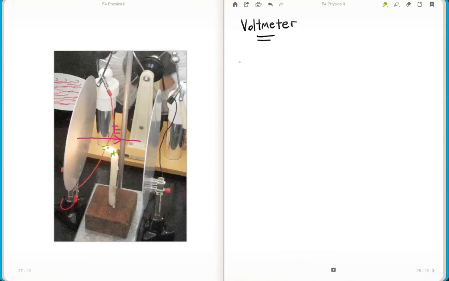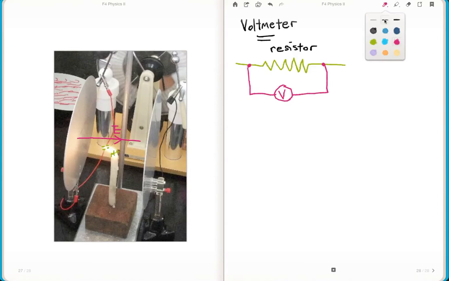I'm going to show you how to arrange a voltmeter. So if you have your load, some light bulb or some resistor, in order to find out the amount of work done to bring a charge from one side to another, all you need to do is attach a voltmeter parallel to your load, so that when current passes through it, you'll be able to tell how many volts.